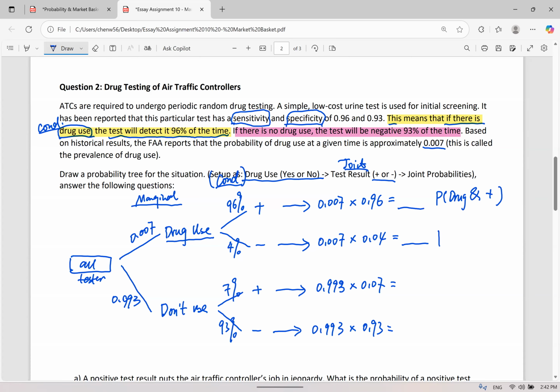And then this one will be the probability that used the drug but got a negative result, right? And then next one, we didn't use the drug and got a positive result, right? And then the last one will be didn't use the drug and got a negative result. So you kind of divide all the testers' possibilities into 4 subgroups.